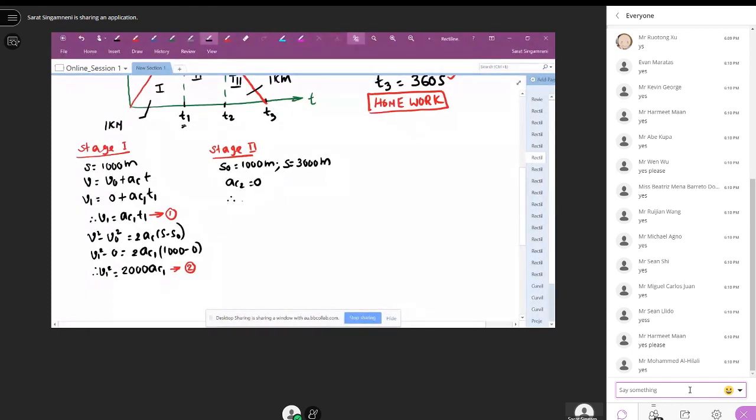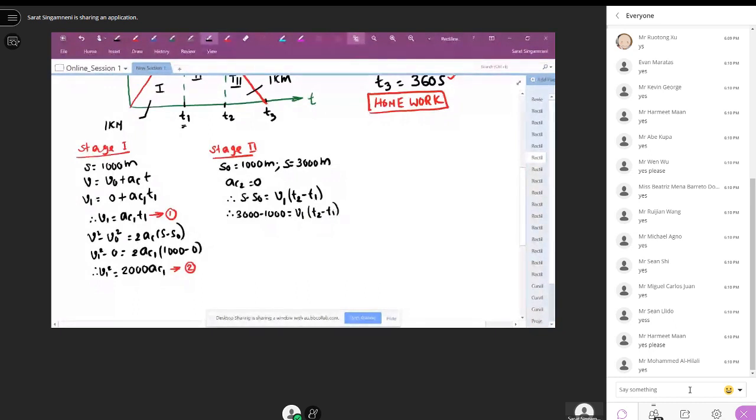Therefore, the distance traveled s minus s0 must be equal to the constant velocity v1 times the time, which is t2 minus t1, because we called the time at the end of stage 2 as t2. Therefore, 3000 minus 1000 is equal to v1 times t2 minus t1.